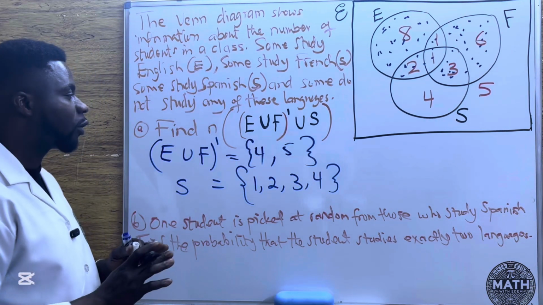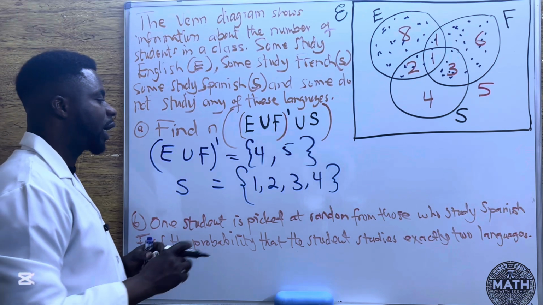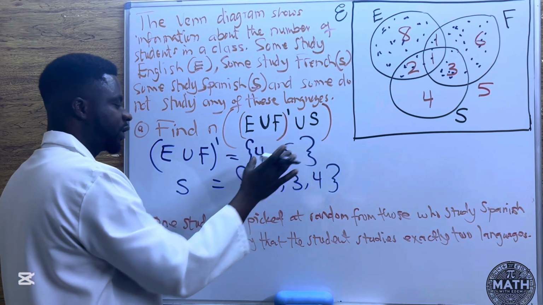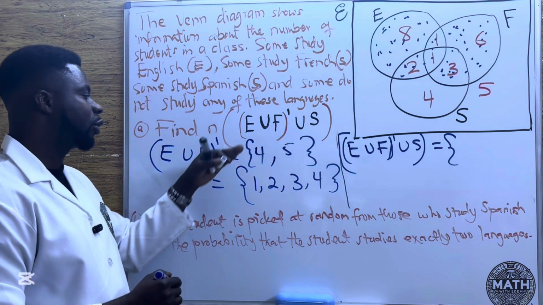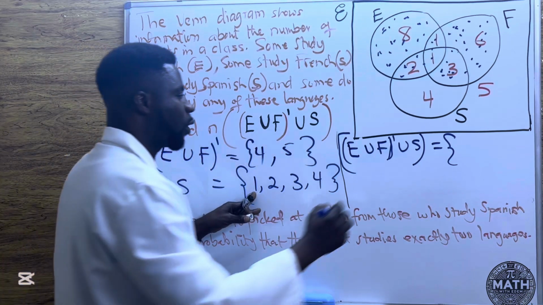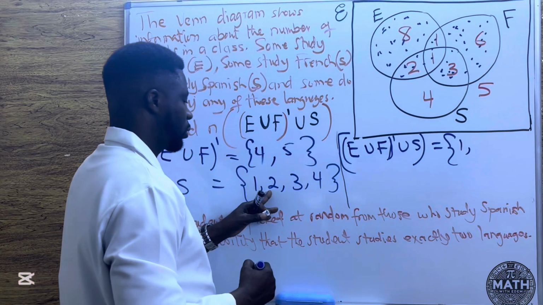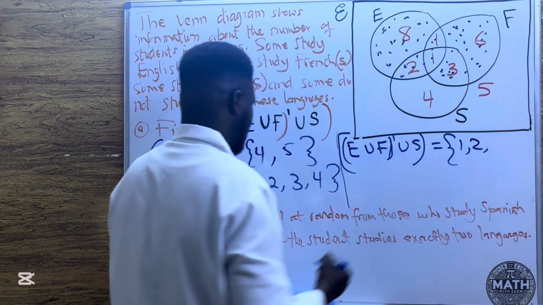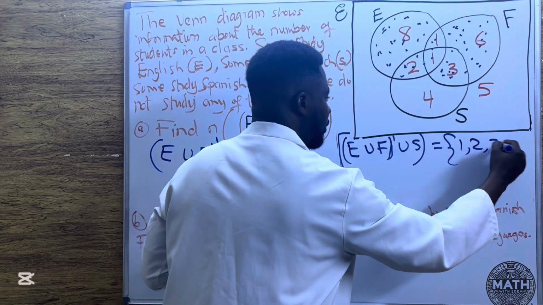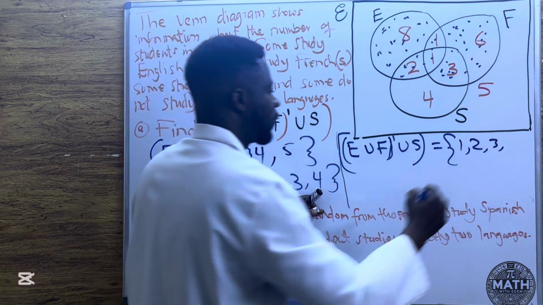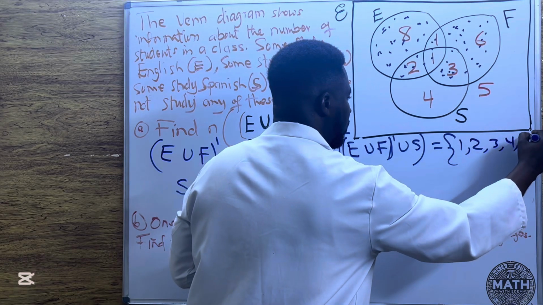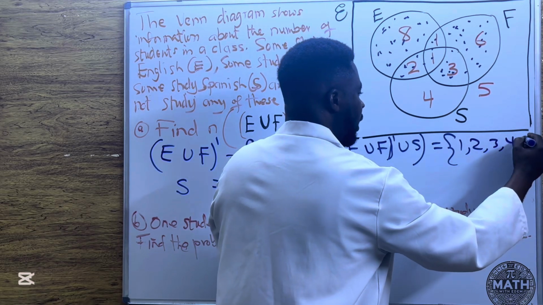So the next thing we are going to do is we are going to look at the union of these 2 sets. So we are finding the union of the 2 sets. Okay, so we have 1, 2, 3, 4, and 5.